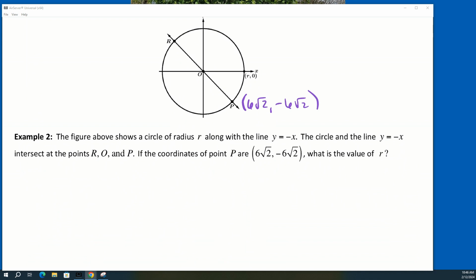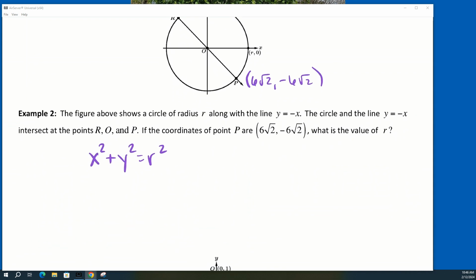So if we want to find R and we know the ordered pair, we know the x and the y, we can just do the Pythagorean theorem. X squared plus y squared equals r squared. All right, so what we're going to do is just put 6 square root of 2 in for x, negative 6 square root of 2 in for y.